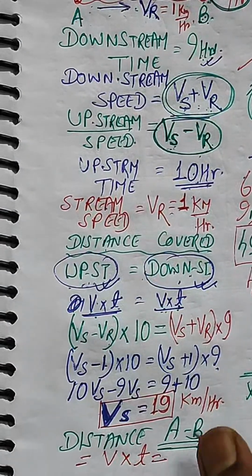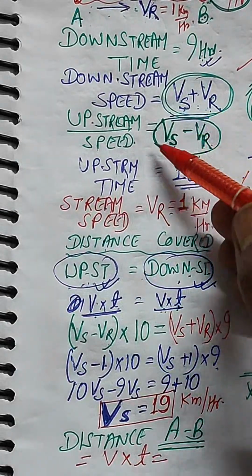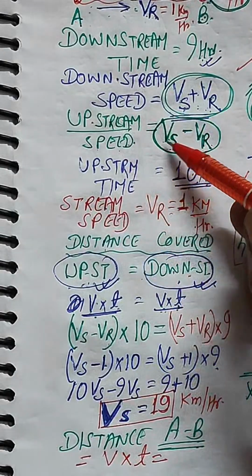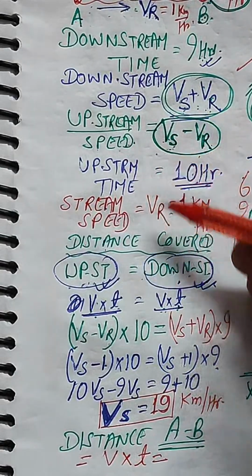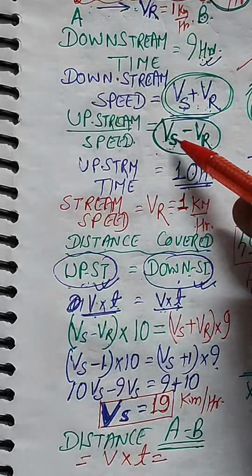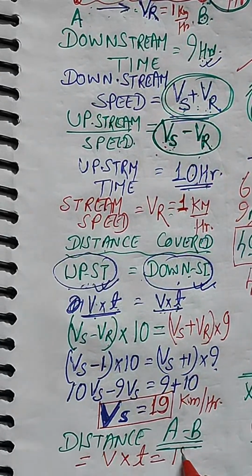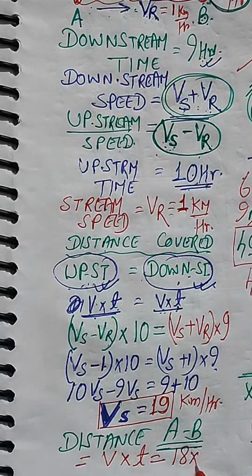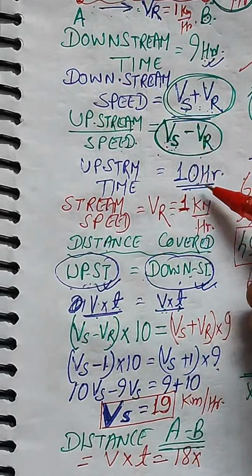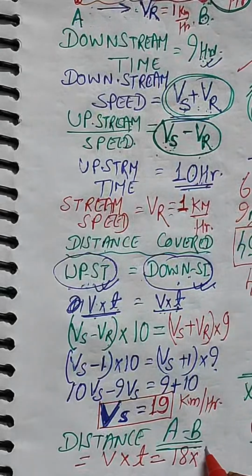If you are taking the upstream speed, it is Vs minus Vr, and Vs is already calculated as 19, so 19 minus 1, that is 18, into the upstream time, which is 10. So 18 into 10.